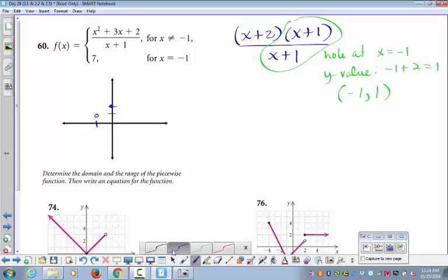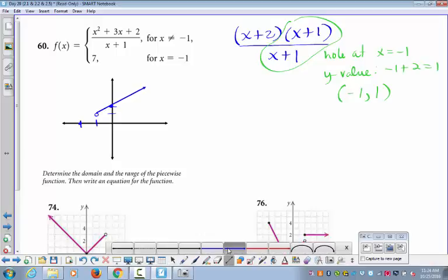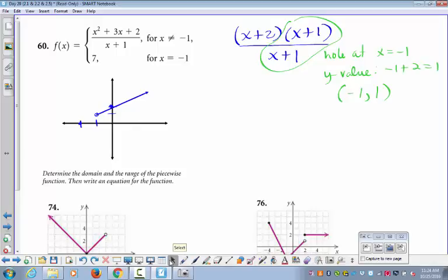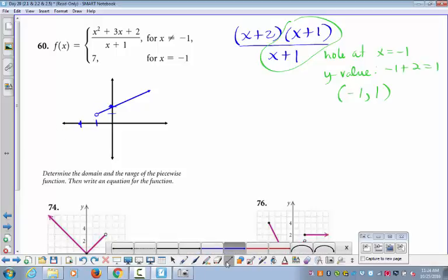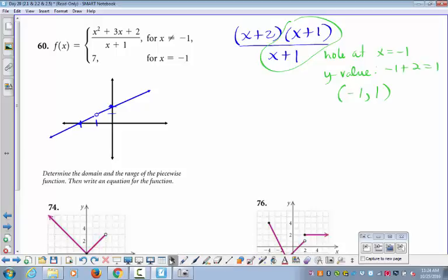And slope is +1. So that point should be on it also. So let's move you up just a smidge, and this will be our graph. So we've got this punctured line, line minus 1 point. All right, so there we go. That's our graph of the first piece.